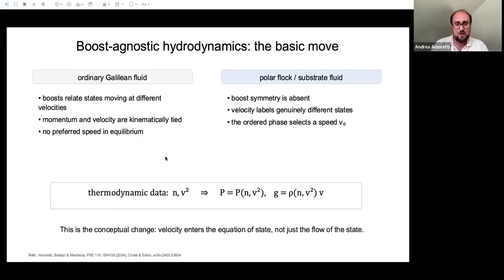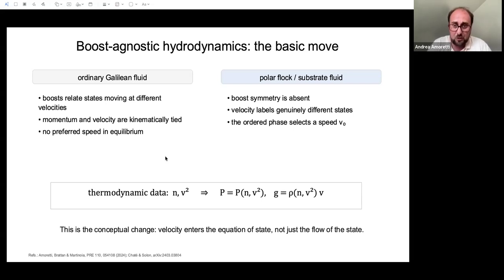So basically, since we were experts in deriving hydro from a generating functional, and we were also experts in hydrodynamic systems that do not respect Galilean boost symmetry, we used this technique to reproduce the Toner-Tu equation.